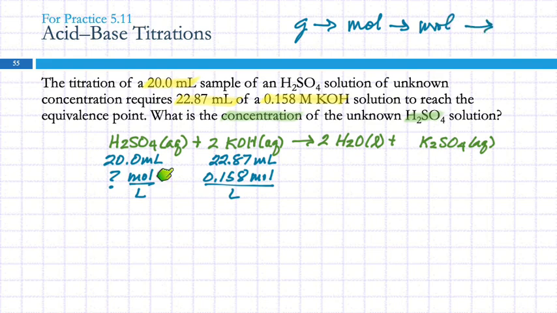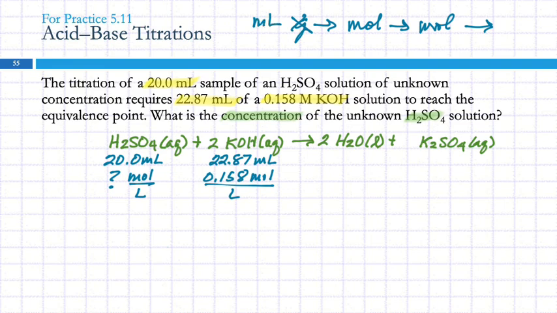So we have amounts of stuff, we have a chemical reaction, this is stoichiometry, grams to moles to moles to grams. Well, do we have a mass to start with? No. This is the one we know about, and this is the one we're trying to find out about. They gave us the volume. So they gave us milliliters.